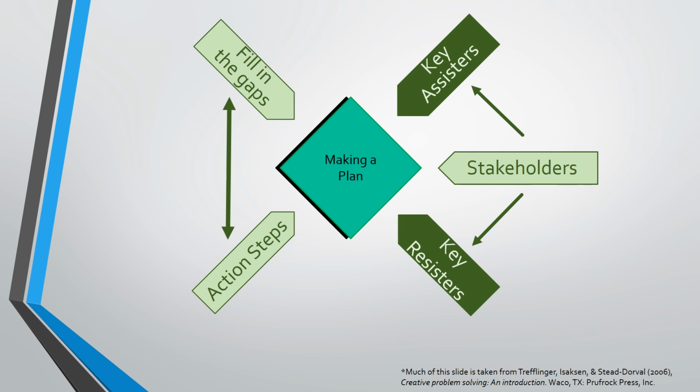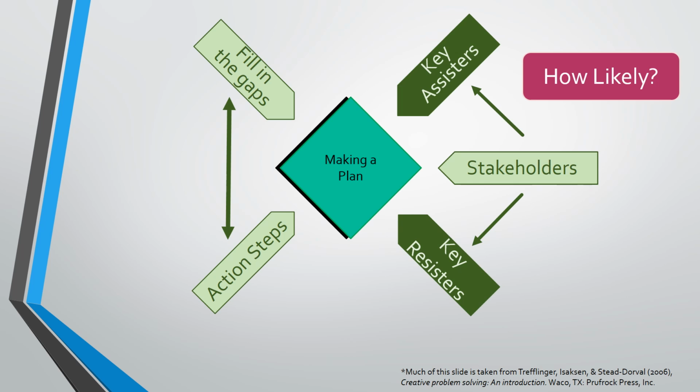There are two key questions to ask in your efforts to identify key assisters and key resistors. First, how likely is it that this assister or resistor scenario could actually take place? How likely is it that the assistance or the resistance that you anticipate will actually happen?